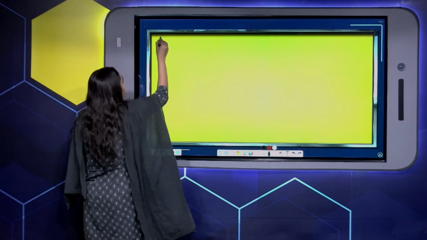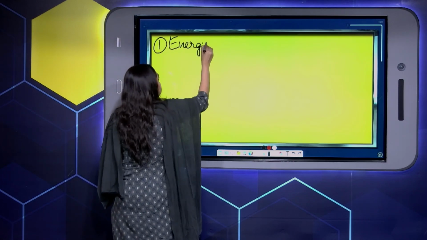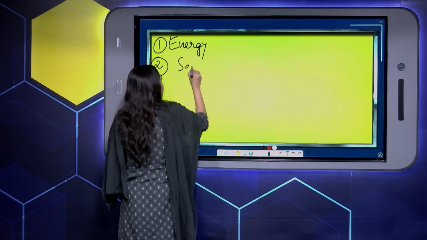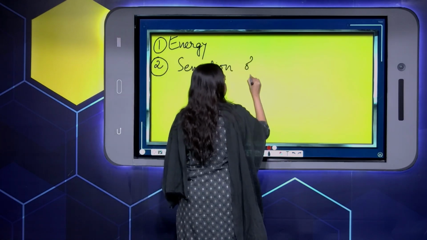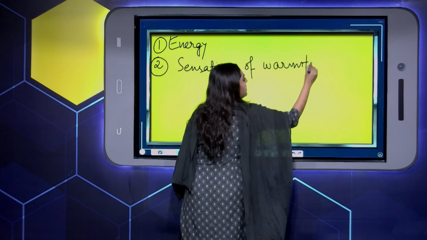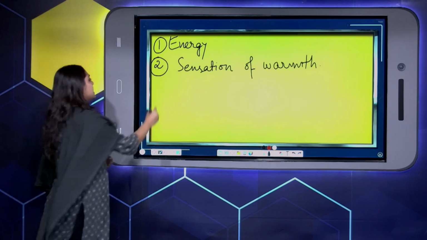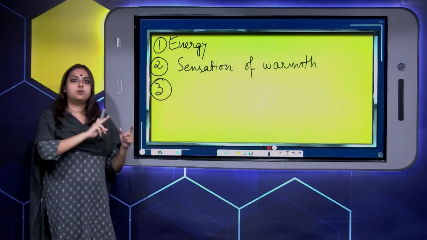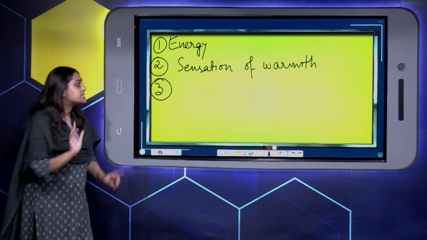We know heat is a form of energy, right? And it produces a sensation of warmth, right? And what is the third point that we have learned? Third point says that heat flows from one body to another body when there is a temperature difference.